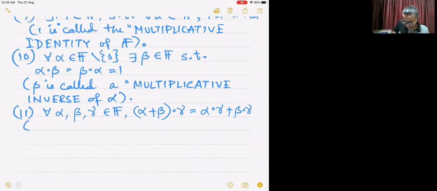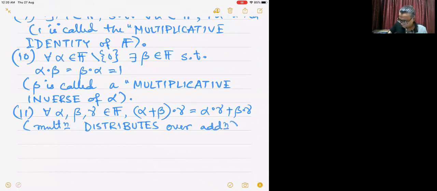In words, this means multiplication distributes over addition.